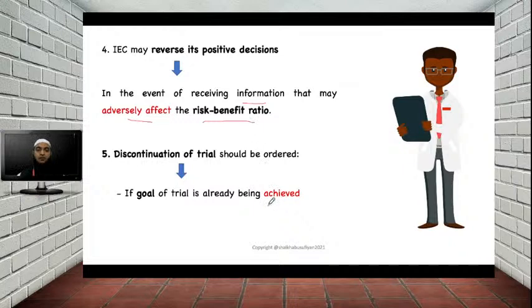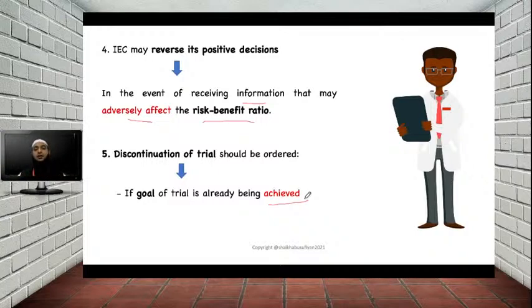If that is the case, then there is no sense in going ahead with the study, because if the goal of the study is already achieved and you are still conducting the study, then you are unnecessarily exposing the participant to the drug, and that is ethically not permitted.